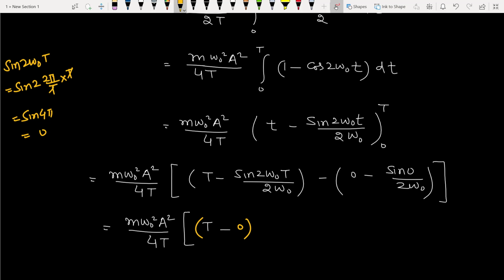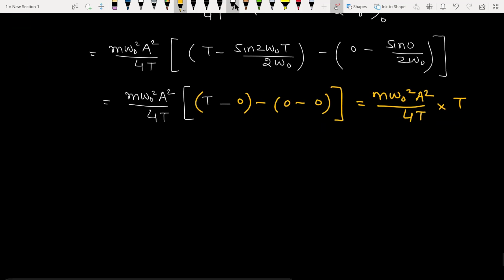Sine 0 is also 0. So it is m omega naught square a square by 4T into T. So the average value of kinetic energy comes out to be m omega naught square a square divided by 4.